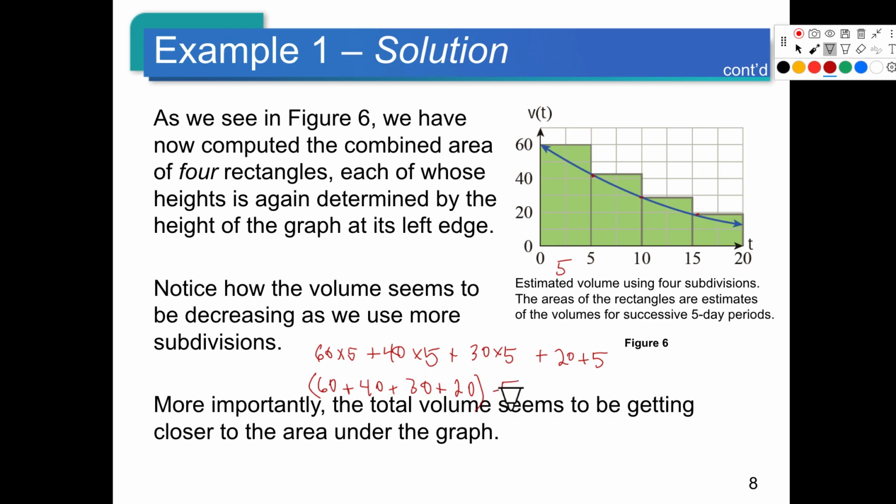It's a little bit easier to calculate in our heads, right? Either way works, but instead of multiplying each by 5, just add them. That's 100 plus 130, 150. So now we've got a total of 150 times each having a width of 5. So this will give us, again, a better estimate. And that's what? 750? 750.